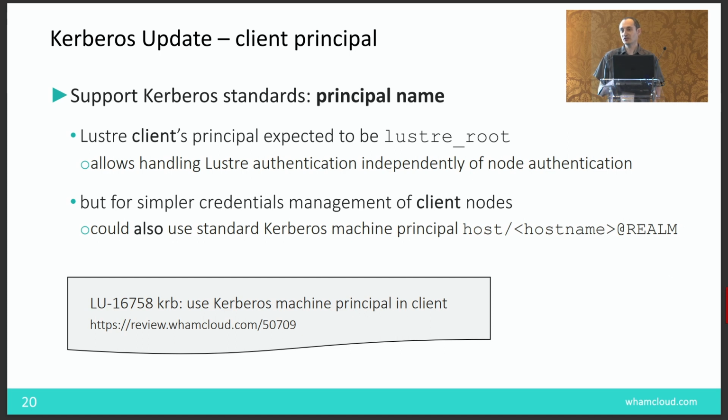The main advantage is that it's much less cumbersome for administrators to configure authentication of Lustre clients, and it's also much more efficient in case you need to revoke authorization and authentication for one node. You just revoke one principal and then, like a kill switch, everything related to authentication of this node, including Lustre authentication, will be deactivated.